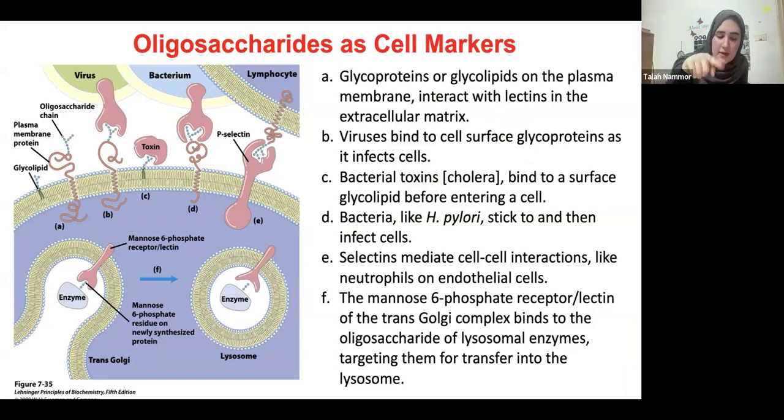So this is the enzyme, and this out of it is the oligosaccharide, and this is the mannose 6-phosphate. If they bind together, this will tell the cell, oh yeah, I need to remove this enzyme and let it go into a vesicle, into the lysosome. Do you get me?